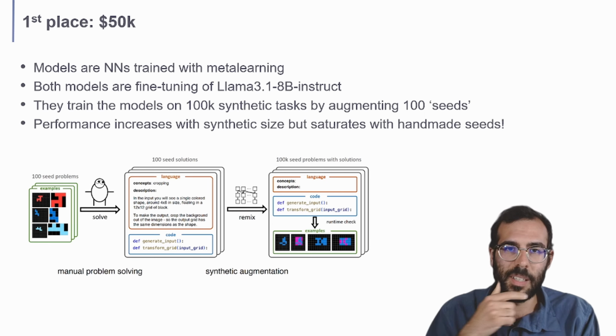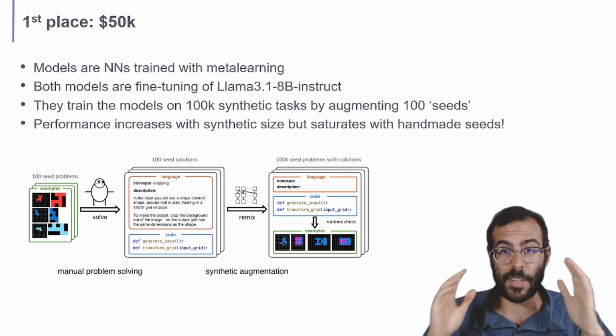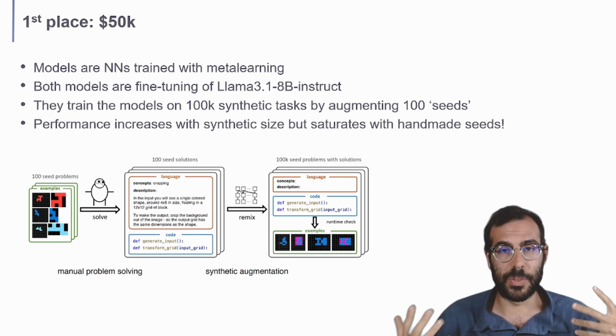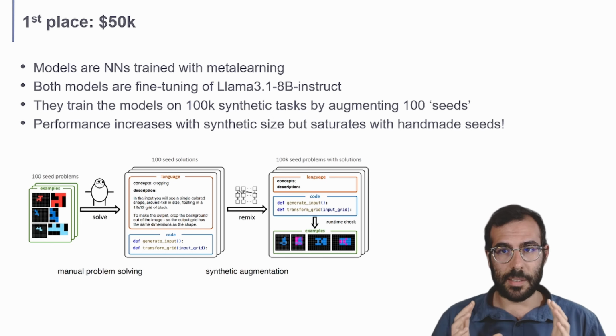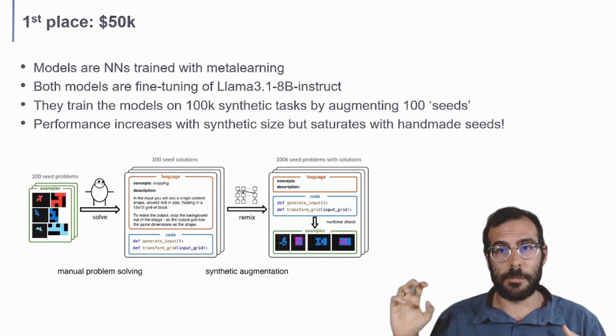But then the model needs to see them in many instances, in many different variations, to learn how to use them. And so for the manually generated seeds, you don't need that many of them, because all you need is the concepts to be somewhere in those seeds. And then you need a lot of synthetic examples that illustrate how to use those concepts in various ways.